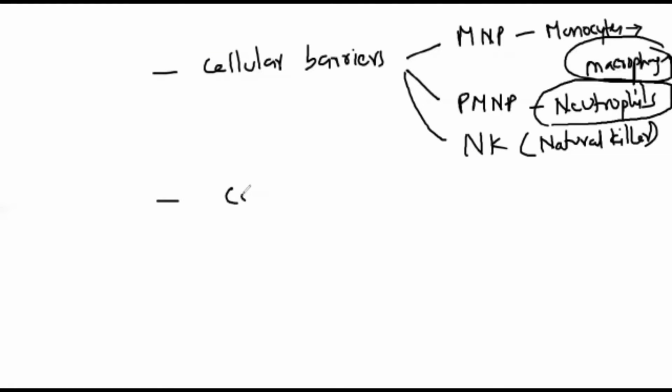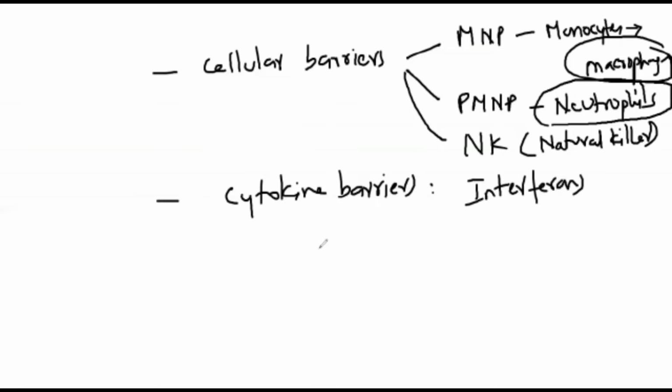Next, cytokine barriers. Here, the cytokine barriers are interferons. These interferons are antiviral proteins which are generally produced by virus-infected cells.